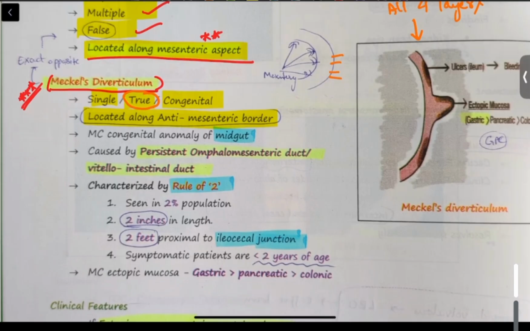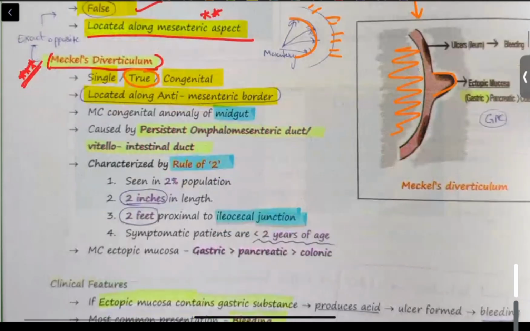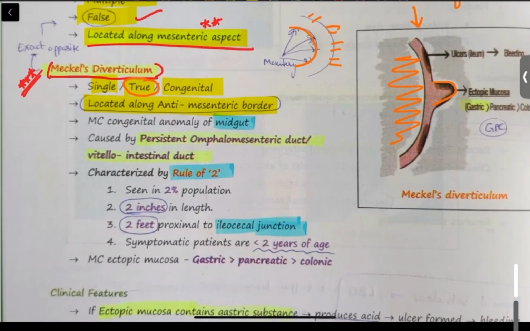The mesentery is just like a curtain holding the entire intestinal loops at one point. Along the border opposite to which the mesentery is attached, this diverticula will happen. So if the mesentery is attached here, the diverticulum is seen on the anti-mesenteric border, and this is known to be the most common congenital anomaly of the midgut.